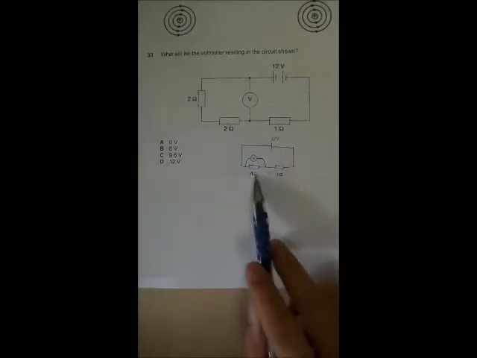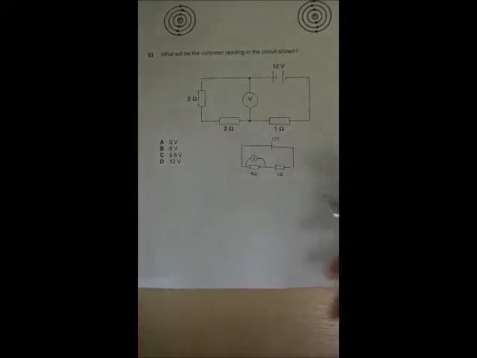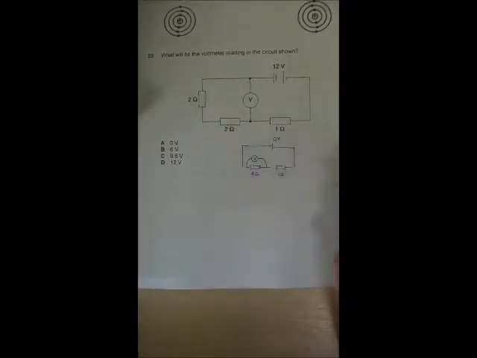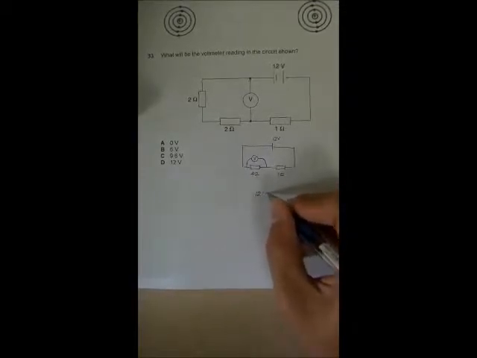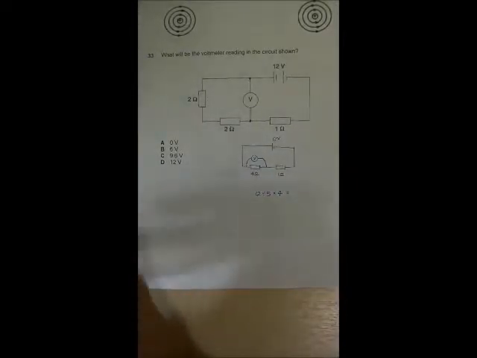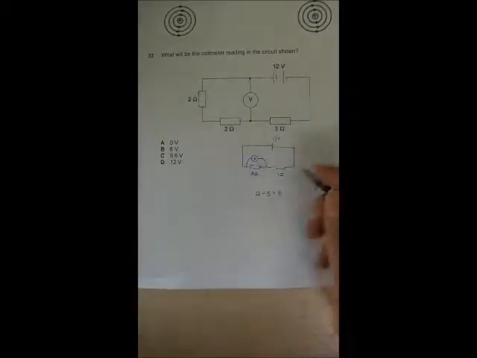The higher the resistance, the more the potential difference. So total there are 5 ohm. So you just take 12 divided by 5. This one will receive more potential difference, so multiply by 4. So you will get 12 divided by 5 times 4. You will get 9.6. So this will be your answer C.